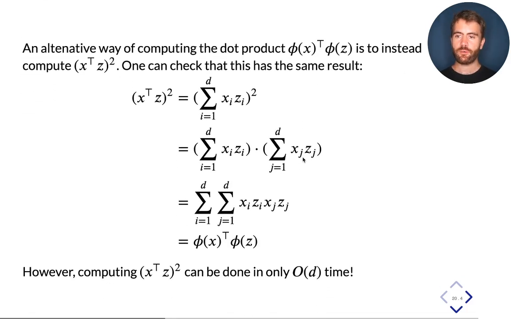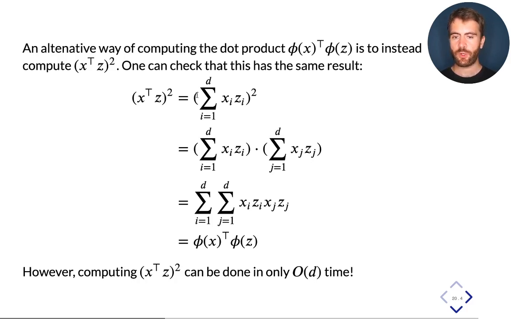Now consider the following alternative way of computing this dot product. Instead of computing the dot product between the features at x and z, let's instead look at the dot product of x and z themselves and take the square of that.